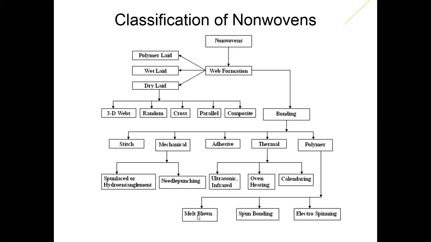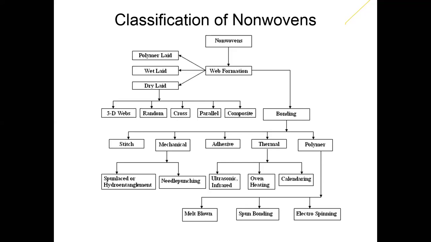Melt blown is a polymer extrusion process where we extrude the polymer through fine orifices, and then we bring them in contact with hot air. So it is called melt blown. The polymer is already in melt condition, and we are also applying the force of air, so the filaments get finer.